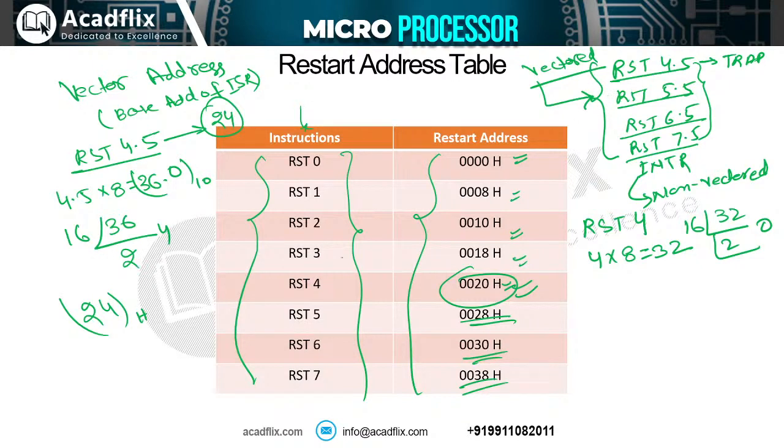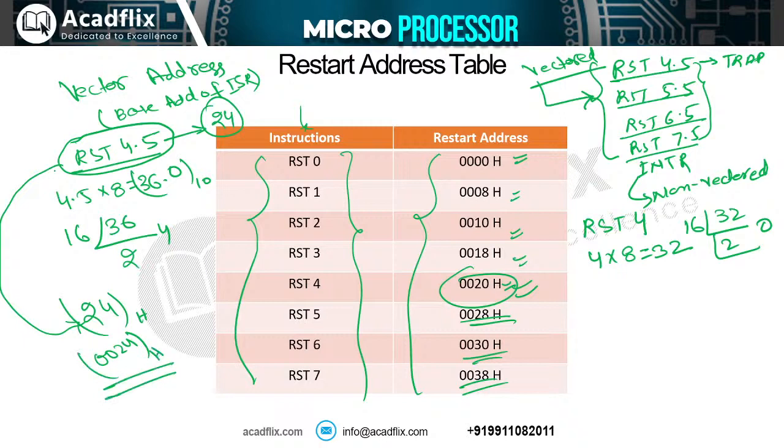For example, if an interrupt comes from the RST 4.5 line, the microprocessor will jump to a fixed location, and that fixed location is 24 hexadecimal, that is 0024 hexadecimal to be precise. That means the jump address is fixed in case of a vectored interrupt.